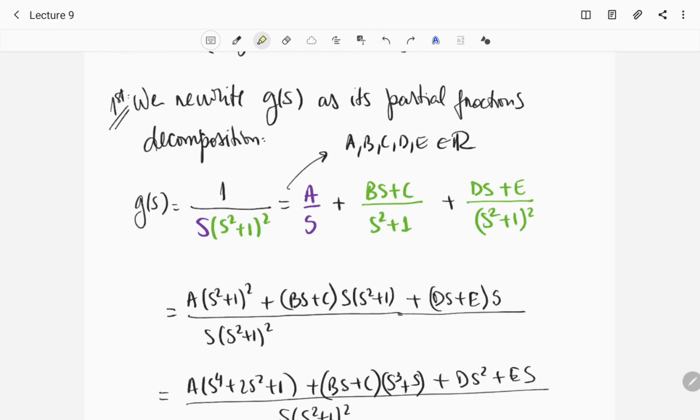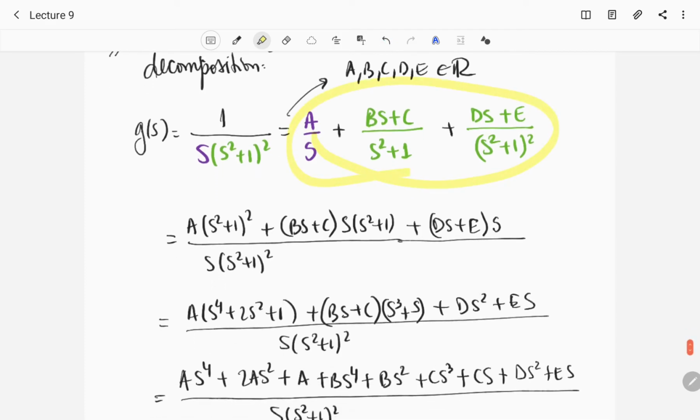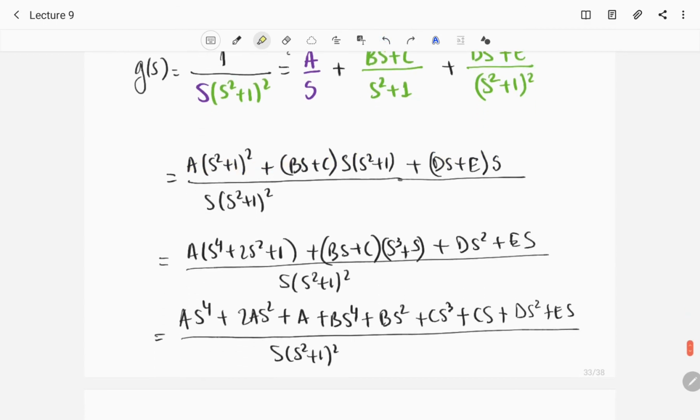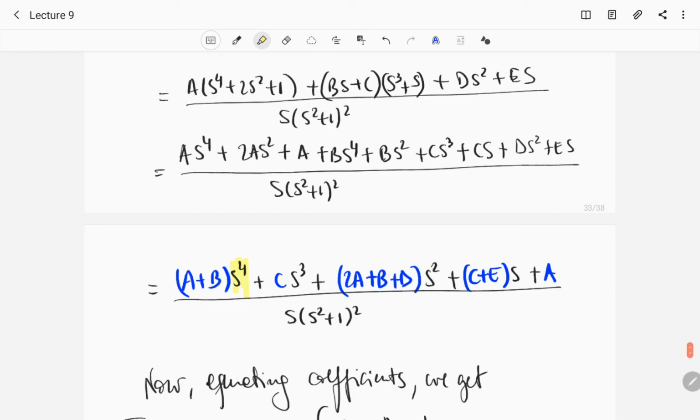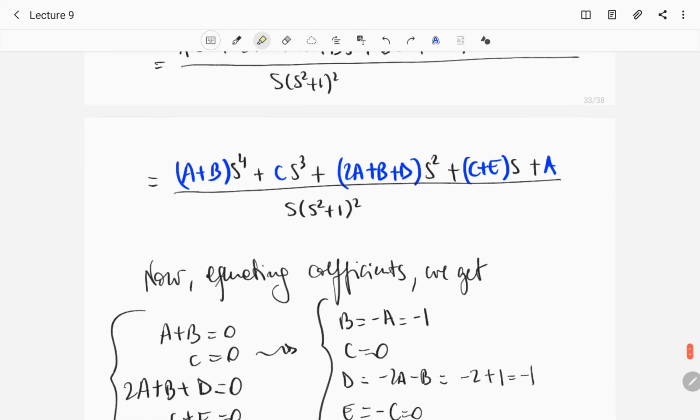Okay, so now we work out this side of the identity. Just believe me that we are just making the computation, and you can check if I didn't make any mistake. We put together all the terms multiplying s to the power 4, all the terms multiplying s to the power 3, and so on. And now that we have this expression, we just equate coefficients and get a system.